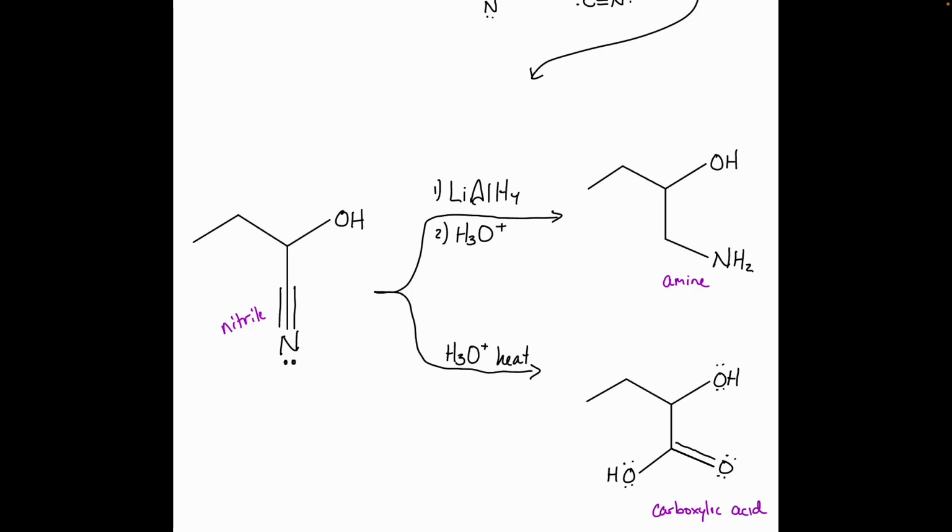So these nitrile groups are fairly reactive. These are the first two reactions we're going to learn about them, and we'll pick up on nitrile groups in a later chapter again. These are kind of randomly thrown in here. But with our reducing agent, we can reduce that nitrile group to an amine, and we can oxidize that nitrile group, really that nitrile carbon, to a carboxylic acid using just acid and heat.